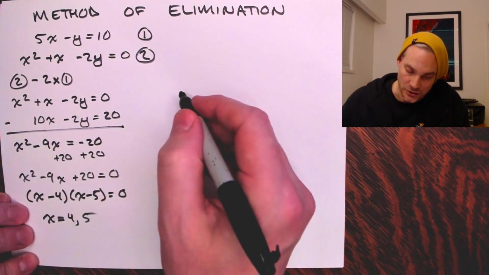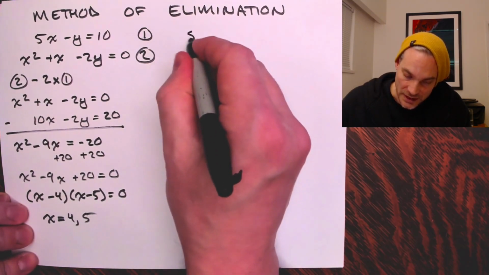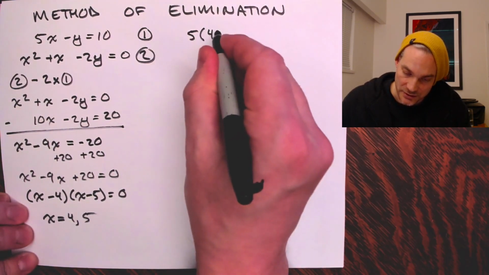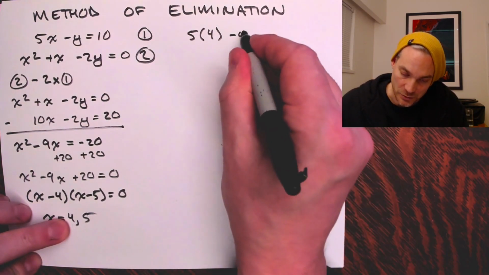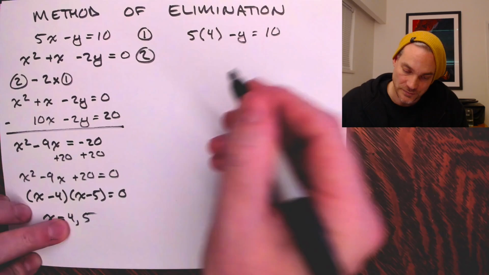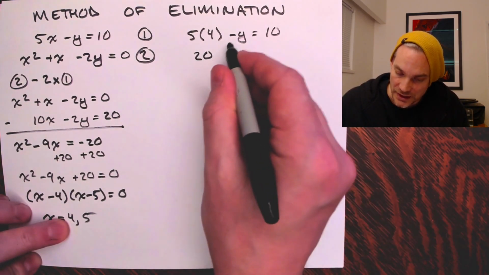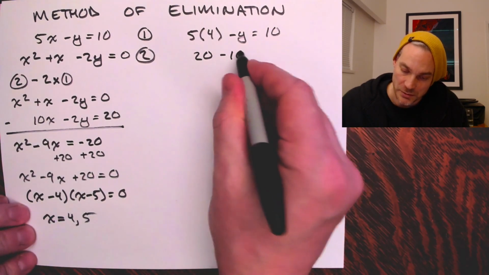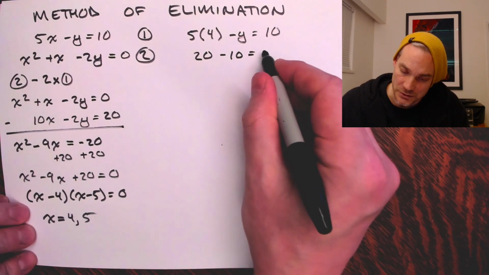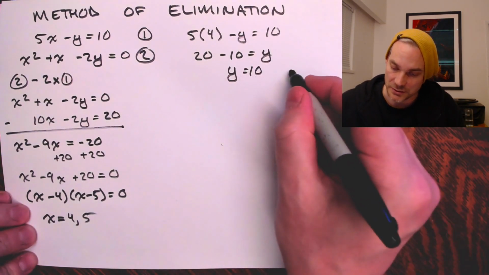So if I go to equation 1, that's 5 times possible solution 4 minus y equals 10. So that tells me that that's 20. And if I move the y over and the 10 across, I get 20 minus 10 equals y, so y equals 10. Okay, so this is a possible solution.